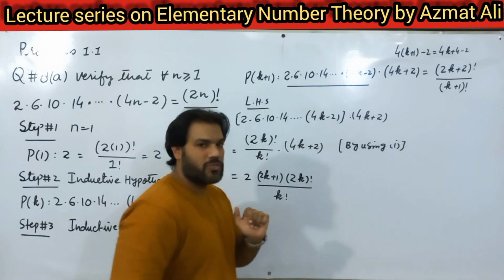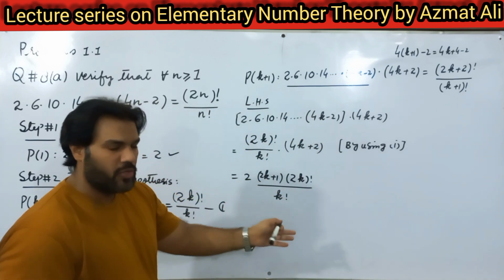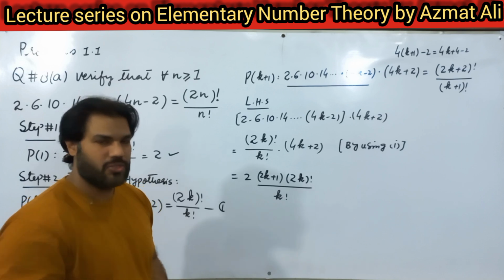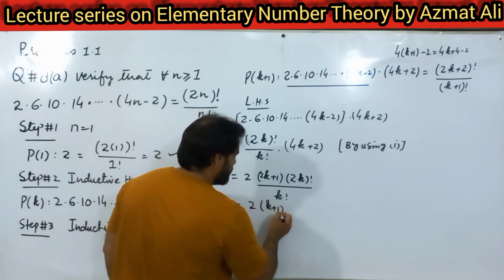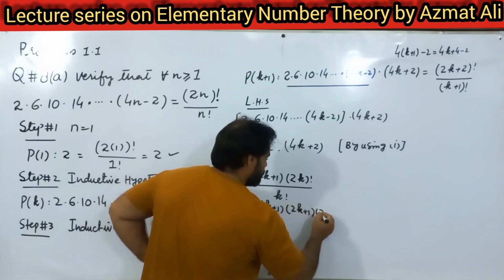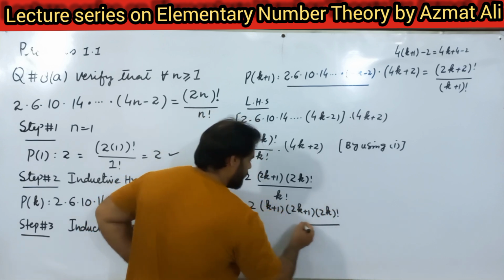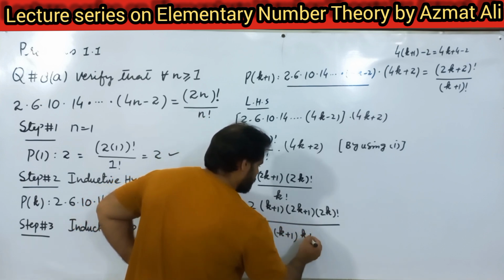So to complete 2k plus 2 factorial, I multiply numerator and denominator by the term k plus 1. So by multiplying k plus 1 with numerator and denominator both, we get k plus 1 into k factorial.